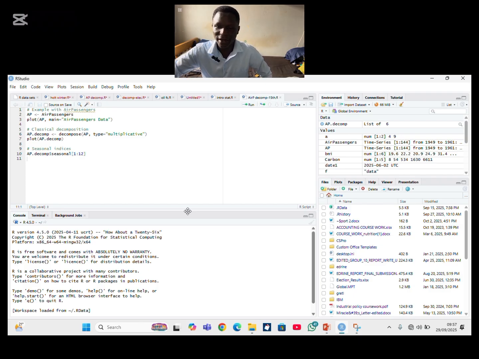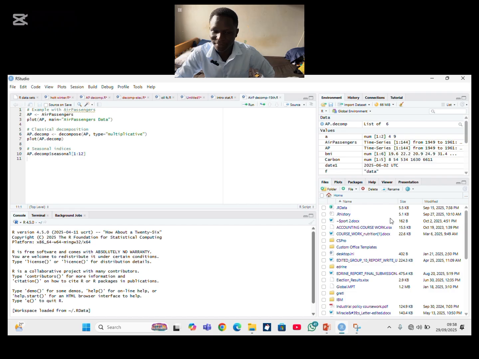On the top right corner is our environment, and it is that section that shows us which variables we have and which data sets are loaded. And below that we have a section for our plots, the packages, and the files. That is on the bottom right corner of my screen.